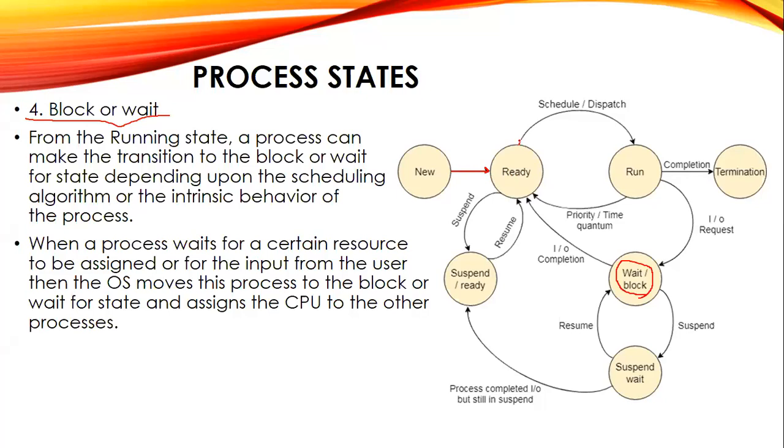From ready, schedule and dispatch means that according to its priority or the algorithm, whatever it is, the CPU picks one process for execution. But while it is running, if everything completed smoothly, it will be completed and it will be in the termination state.